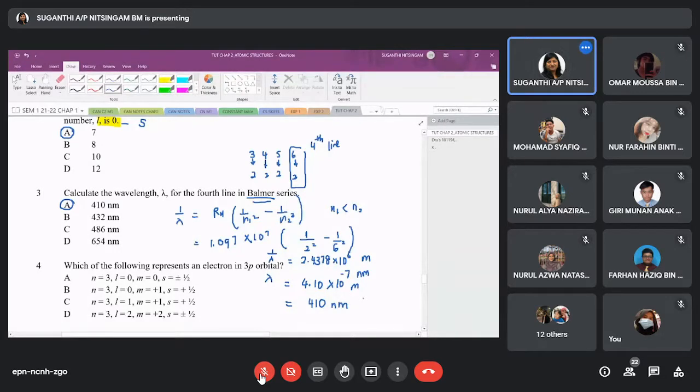Cuba tengok. Nilai yang kamu dapat tu adalah untuk 1 per lambda. Kamu kena dapatkan nilai lambda. Pengiraan tu penting. Please try.